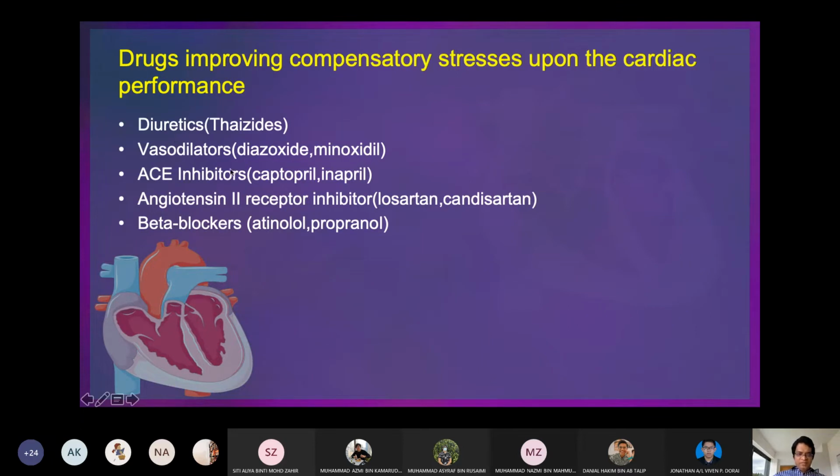But with no edema signs, a patient who comes only with dilated cardiomyopathy in grade 1 or grade 2 heart failure, your best choice of drugs would be ACE inhibitors and angiotensin 2 receptor blockers. Beta blocker, if you get the patient exactly in the compensatory phase, where there is decreased cardiac output but reflex tachycardia is present. At that time, beta blocker will be your drug of choice.